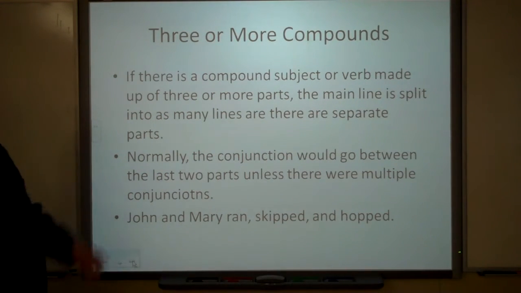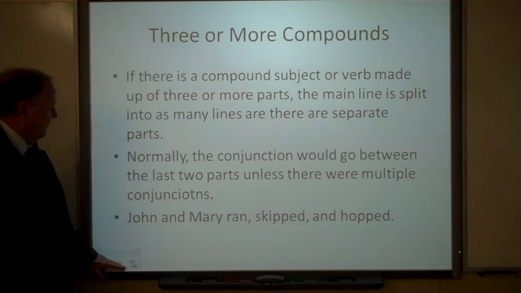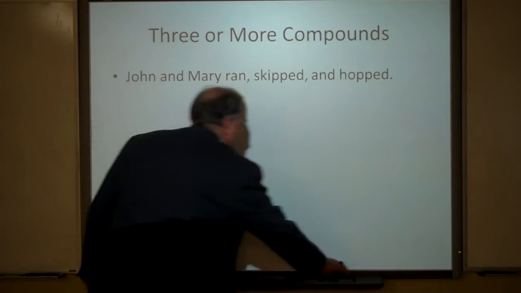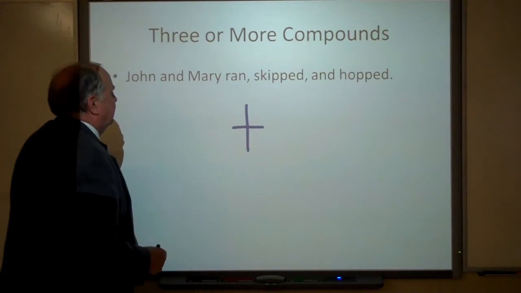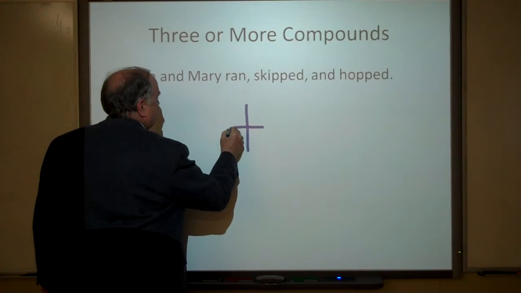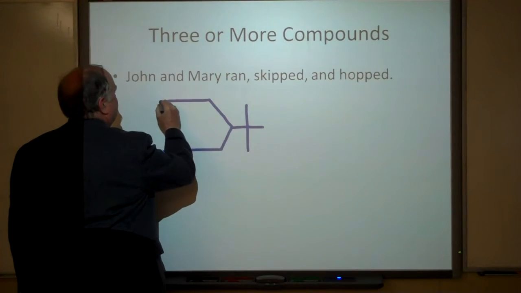Sometimes people will throw in more conjunctions for emphasis or to keep the meter. But John and Mary ran, skipped, and hopped: once again, we would have the main line, and John and Mary would be split the same way as we saw already.